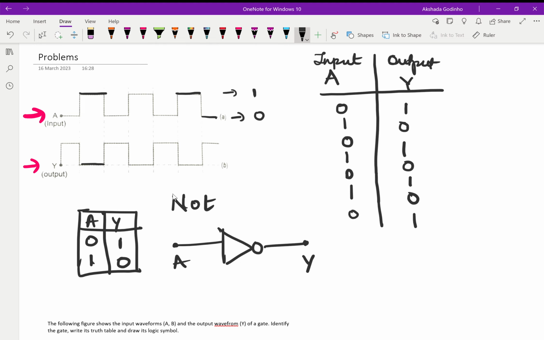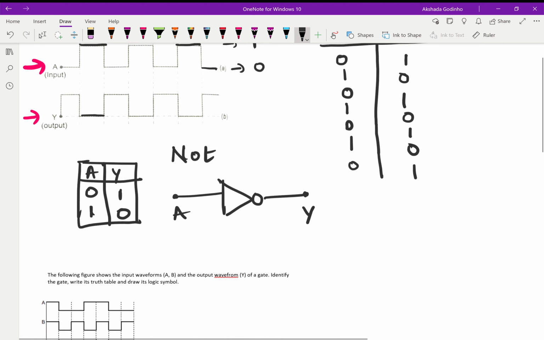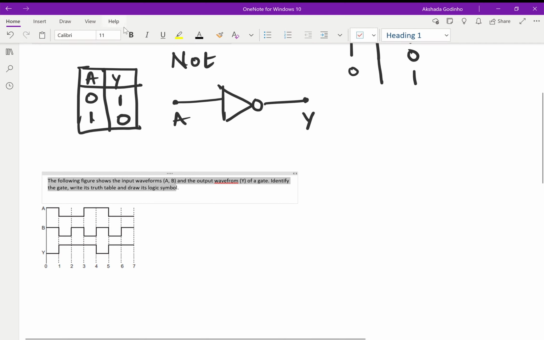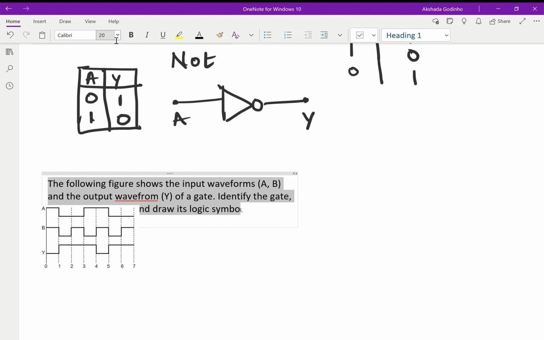Now we will take a little bigger problem where you have to work a little more. I'm just going to increase the size of this font so that you can see. The question is very simple.